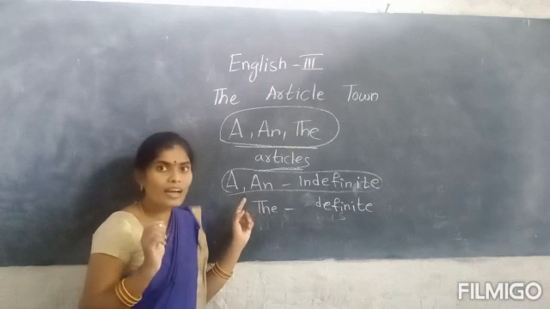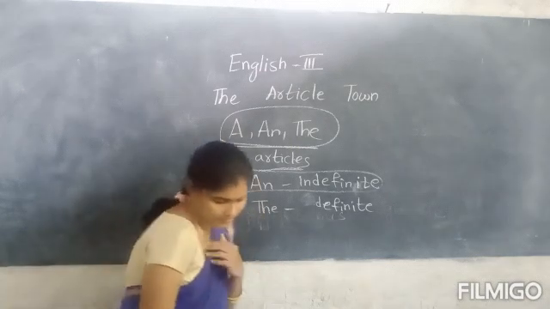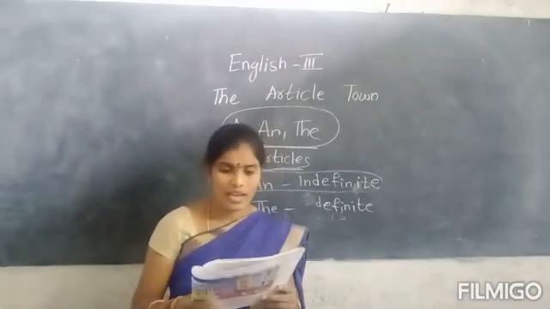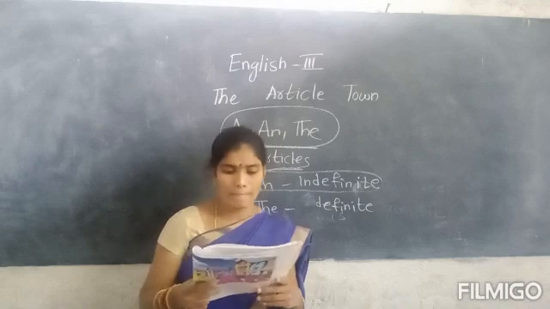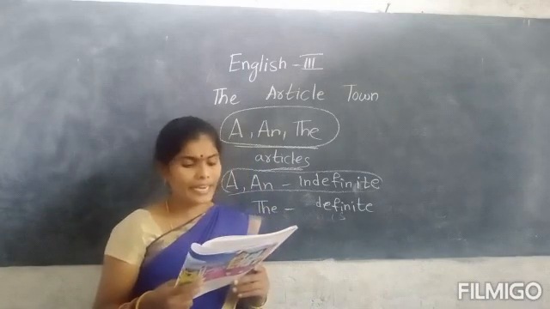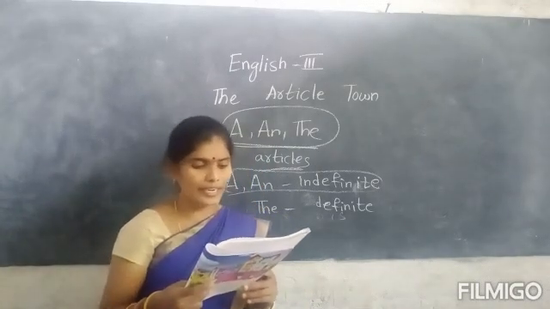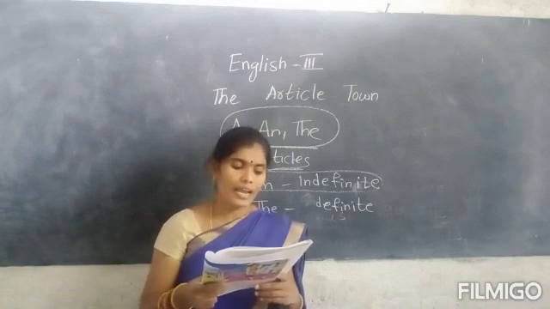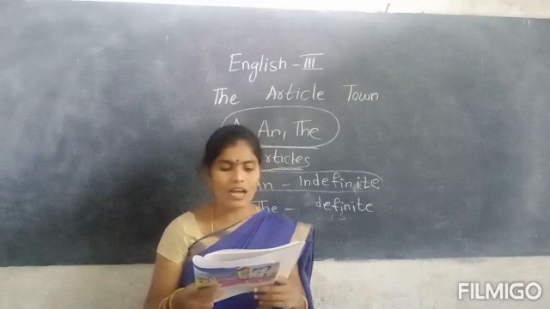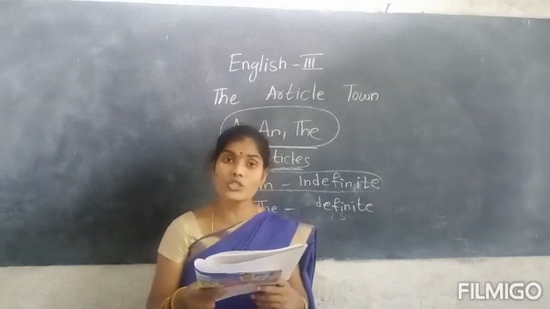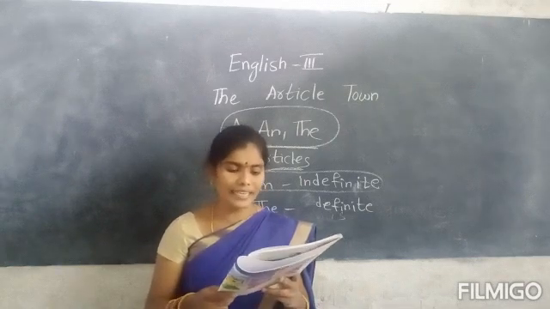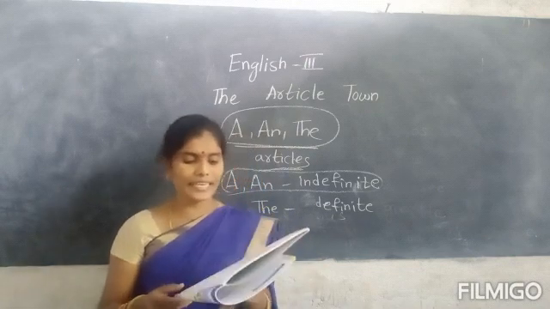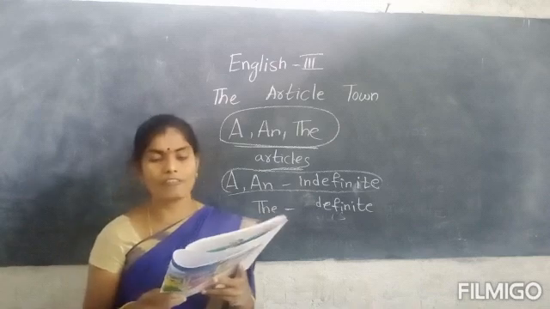An is used before a word that begins with a vowel sound. A is used before a word that begins with a consonant sound. The is used when you are specific or when you are sure of the pick.